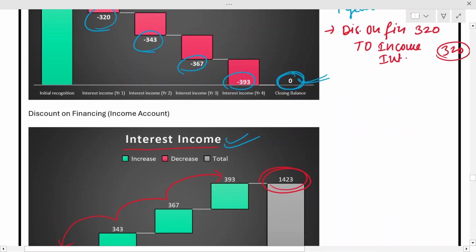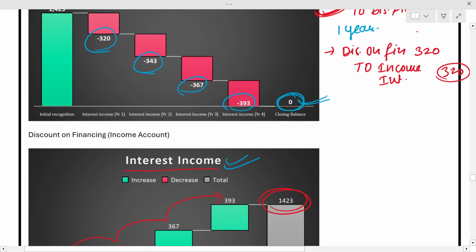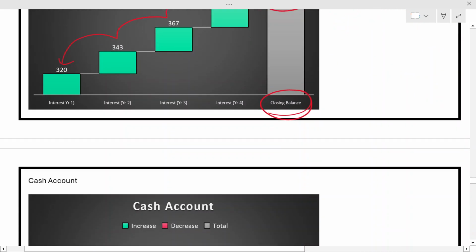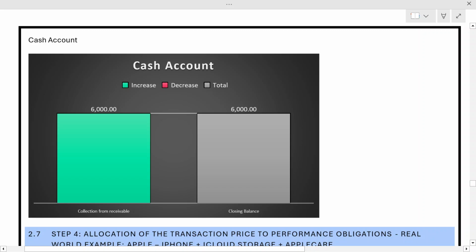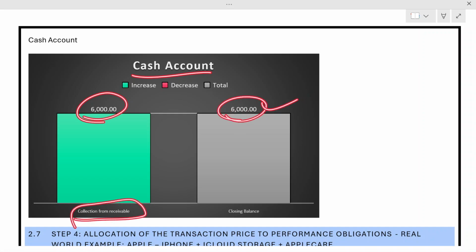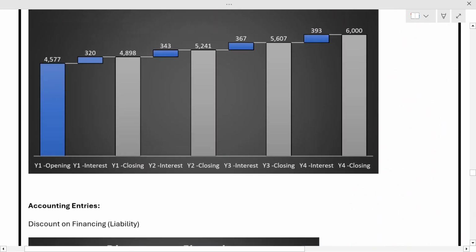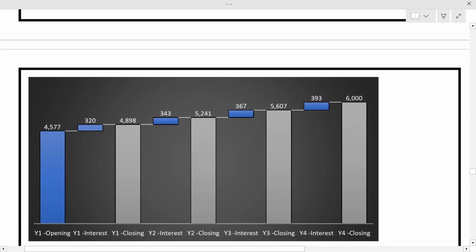After that, you will be receiving cash from your debtors. The entry will be cash account debit to debtors or accounts receivable, and they will be paying you $6,000. So $6,000 will be here, and the cash account's closing balance will be 6,000.